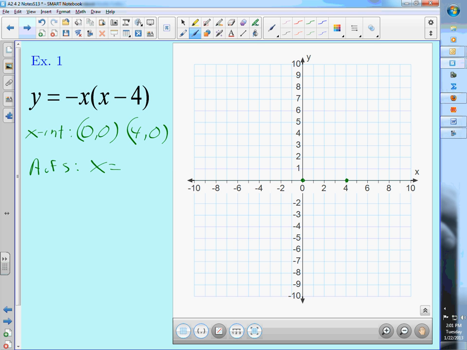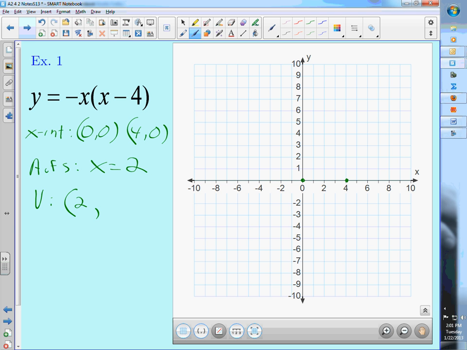x equals 2. Which means my vertex is going to be (2, comma, and then how do I find out what y is? Plug the x back in. What kind of a y do you expect to get from this equation?